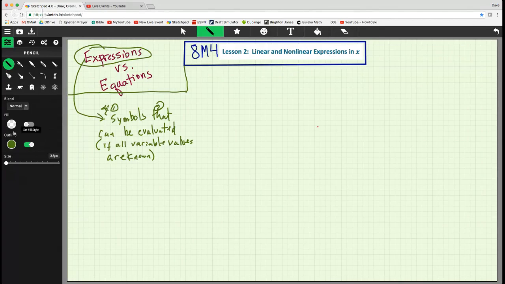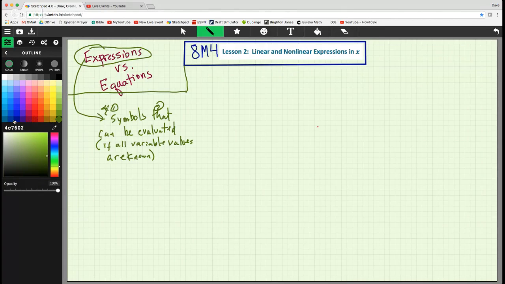Let's use a different color. Okay, so 4, this is an expression, so constants are expressions. So 4, pi, 10, 5/2, these are all expressions.